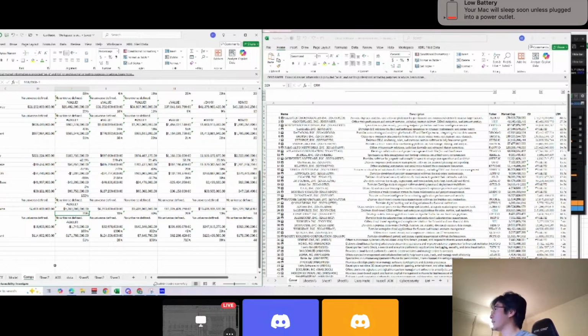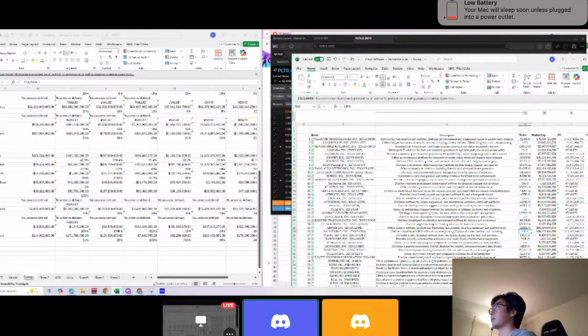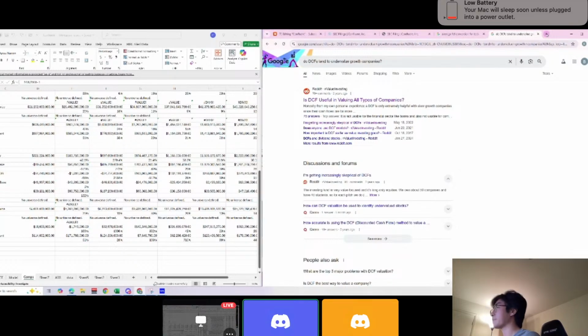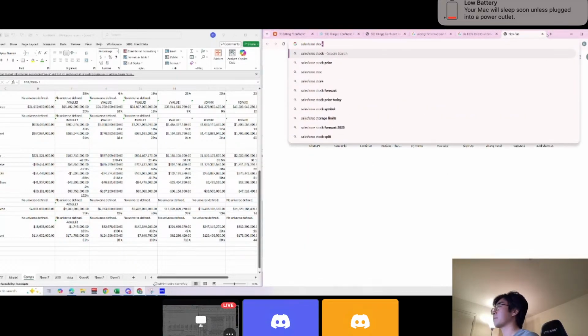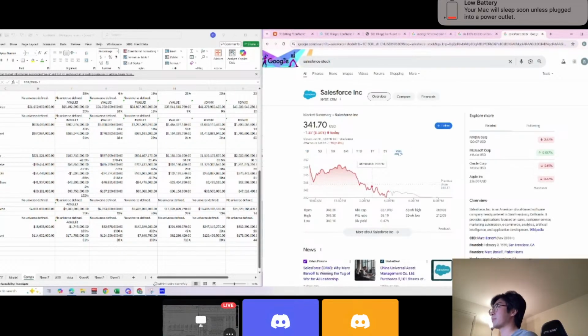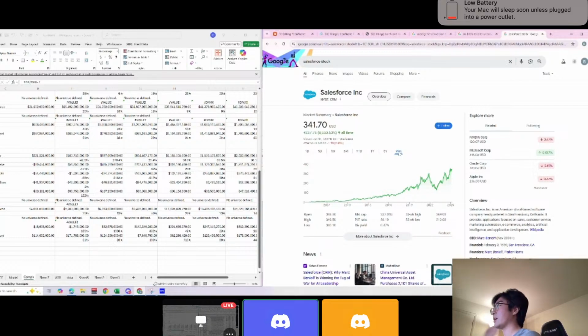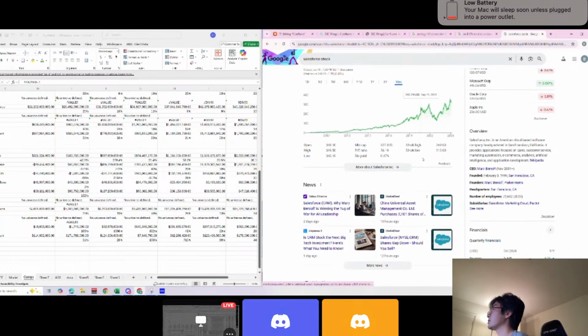I think if we look at Salesforce's stock, pretty sure it just goes up. $8,000. It's 80x since 2004, about 21 years then. Very interesting. Okay, so I think I'm gonna stop here for now.